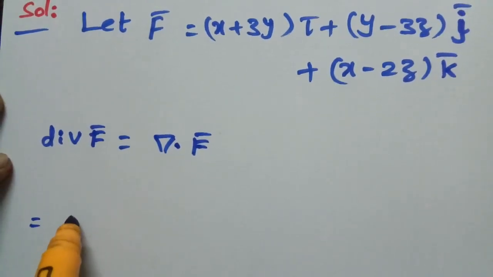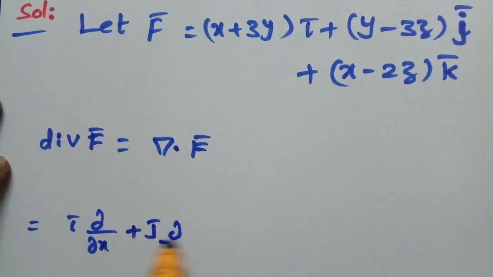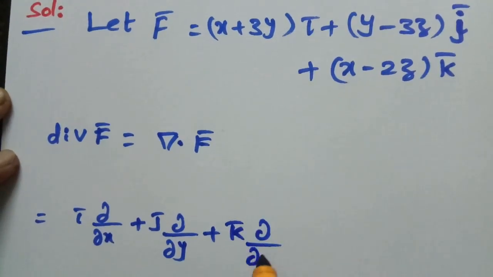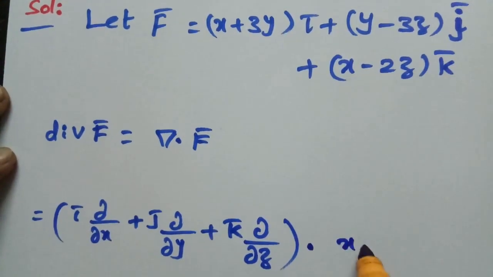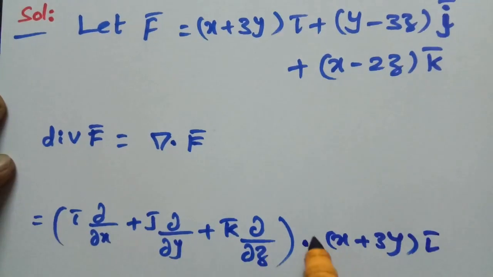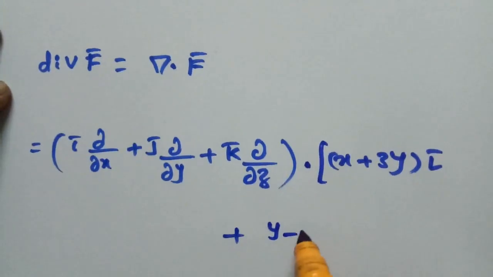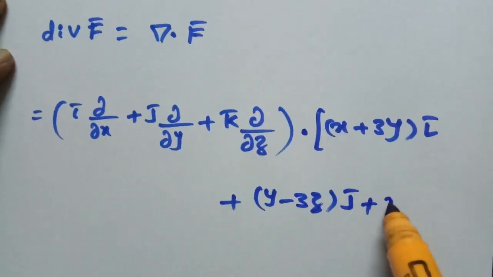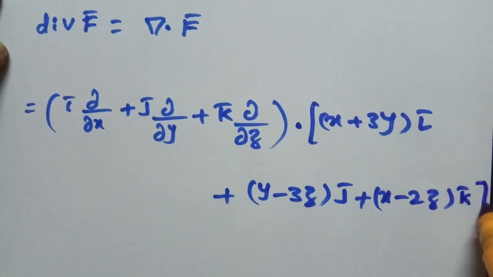Del means i bar dou by dou x plus j bar dou by dou y plus k bar dou by dou z, dot product of x plus 3y into i bar plus y minus 3z j bar plus x minus 2z k bar.